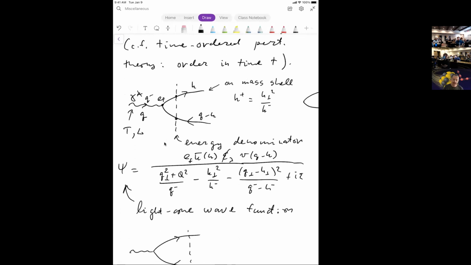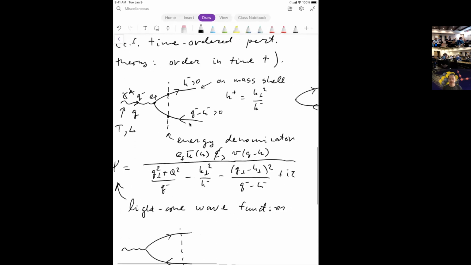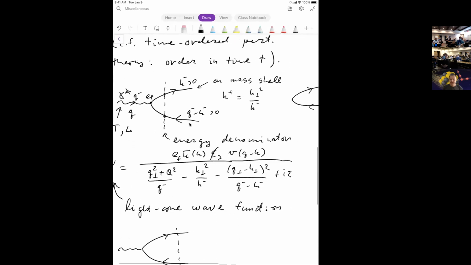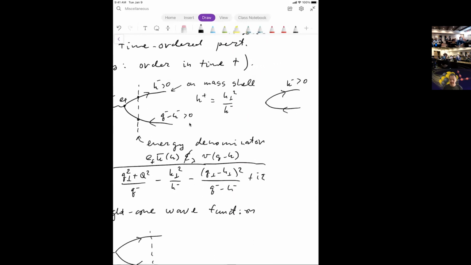So if this guy carried q minus, this is k minus, this is q minus minus k minus, they are conserved at the vertex, and they're always positive because everything is going in a forward minus direction. So if you start with a vacuum, a positive k minus and a negative k minus, that's impossible. So that's why the vacuum is trivial. At least that's Brodsky's argument.